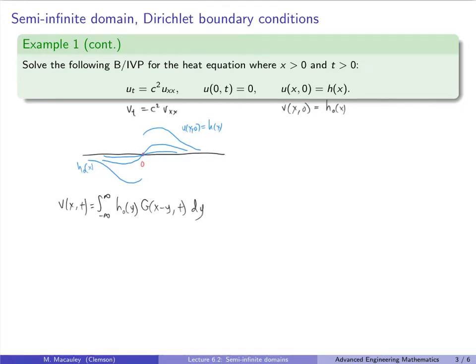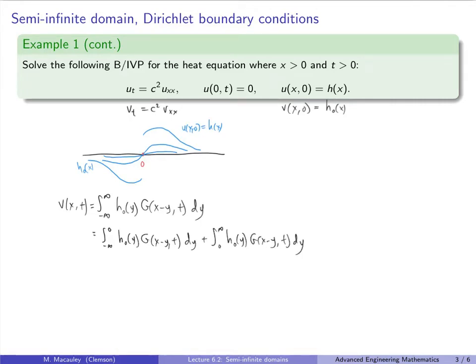Of course, this is generally not going to be differentiable at the origin, so we have to break this up into two pieces. The first piece is the integral from negative infinity to 0 of h naught of y times g of x minus y, t dy, plus the integral from 0 to infinity of h naught of y g of x minus y, t dy.